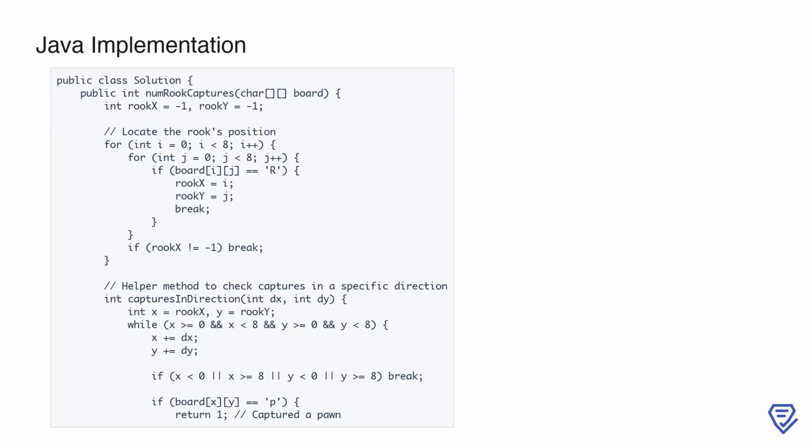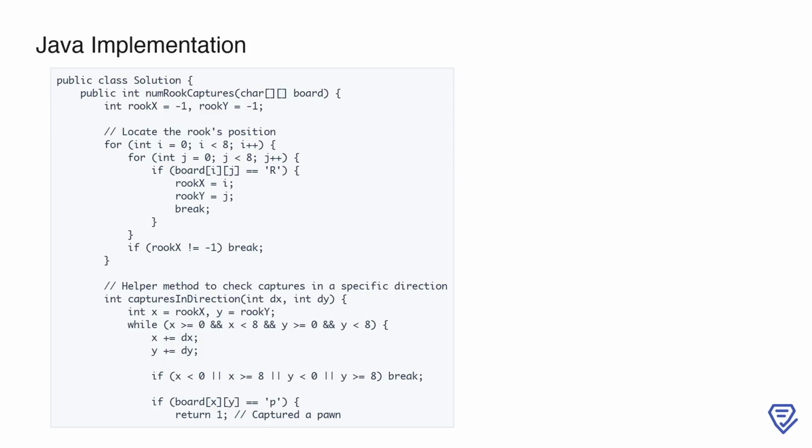Next, we define a helper method, captures_in_direction, which calculates whether a pawn can be captured in a specific direction. The method takes 2 parameters, dx and dy, which represent the direction of movement in terms of row and column offsets. Within this method, we use a while loop to traverse the board in the given direction, starting from the rook's position. At each step, we update the current position by adding dx and dy to the row and column indices and ensure the new position is within the bounds of the board.